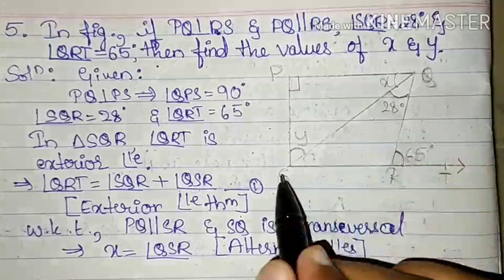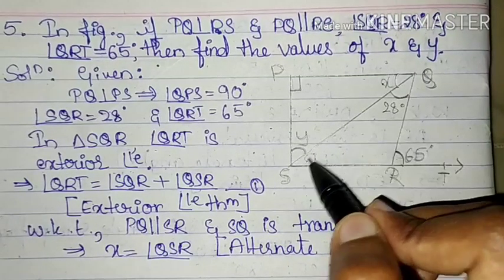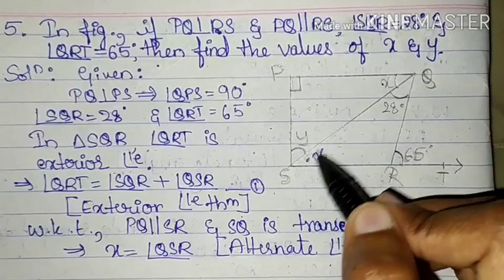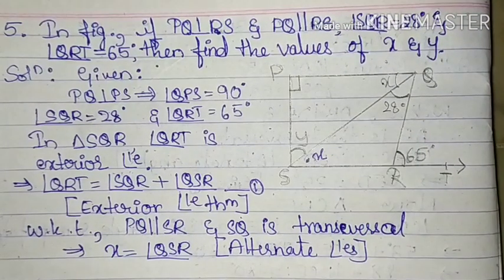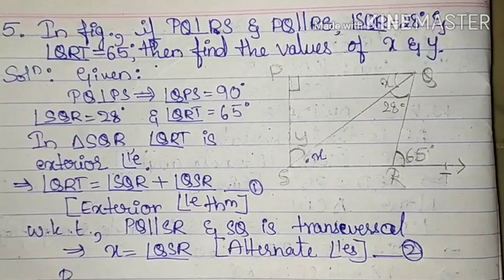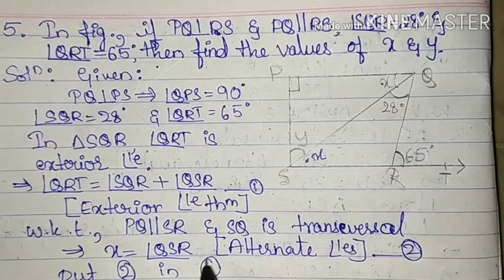Since PQ is parallel to RS or SR and SQ is the transversal, then x is equal to this angle QSR, because they are a pair of alternate angles. Now name it as result 2, and put 2 in equation 1.